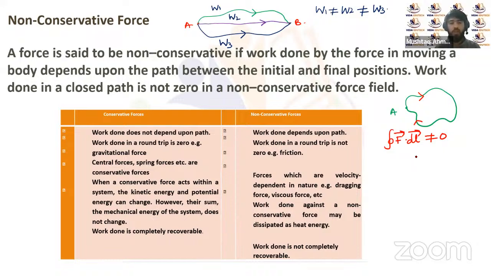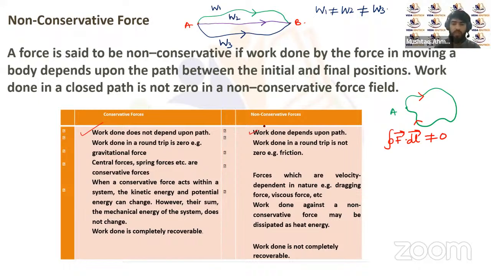Now there are certain properties that we'll try to see with respect to conservative forces. If we differentiate between the conservative and the non-conservative forces, the first difference is that work done does not depend upon path in case of conservative forces, and in case of non-conservative forces, the work done depends upon the path followed.